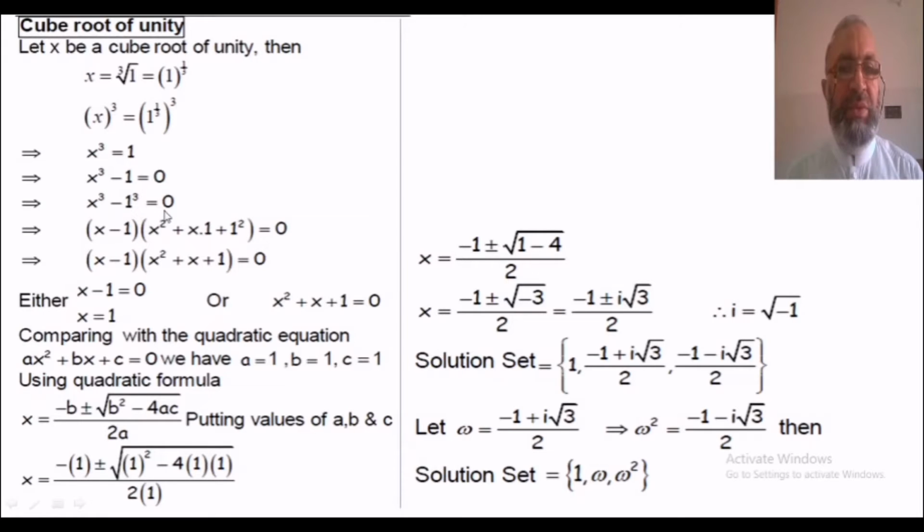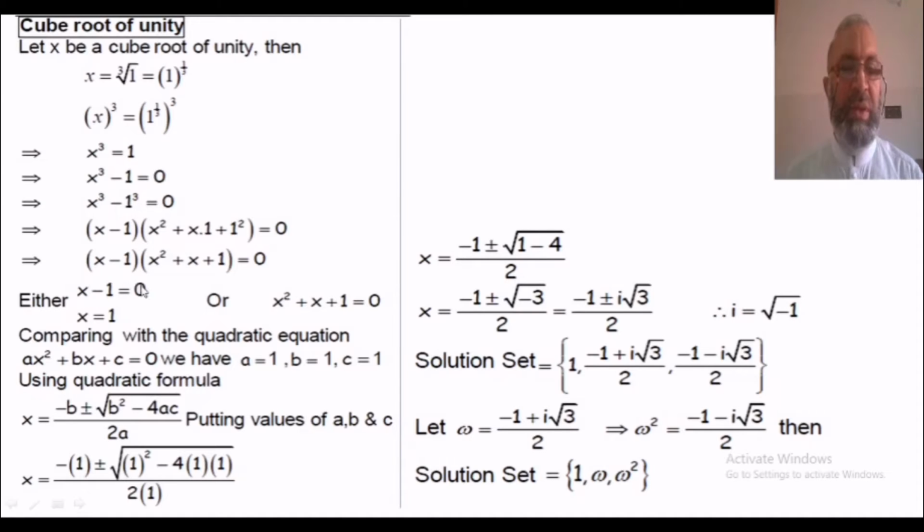Factorizing, we have the formula for a cube minus b cube, that is a minus b into a square plus ab plus b square. Using that, we factorize this term. So we get x minus 1 into x square, the square of the first term, plus x into 1, the first into second, plus the square of the second, equal to 0.